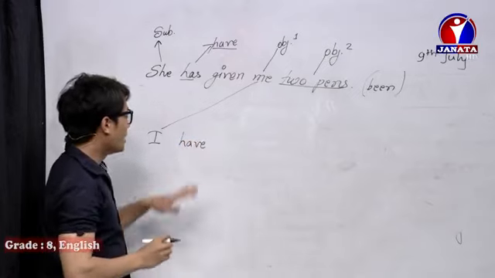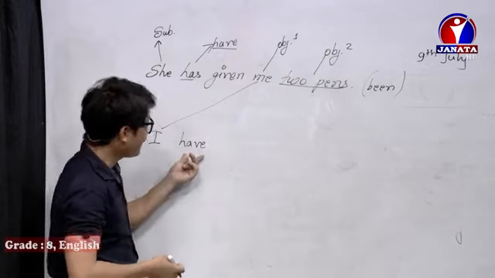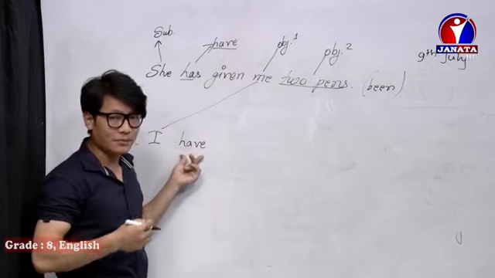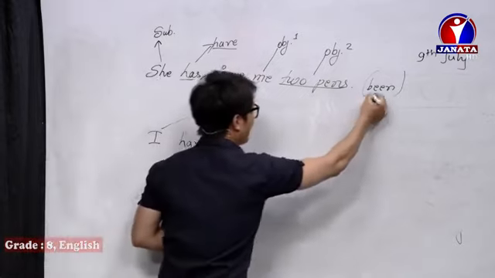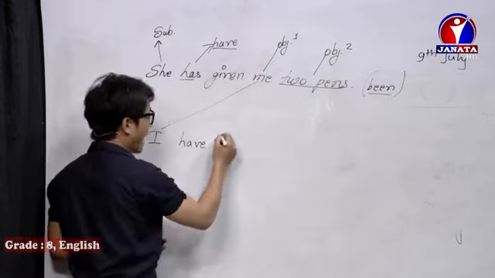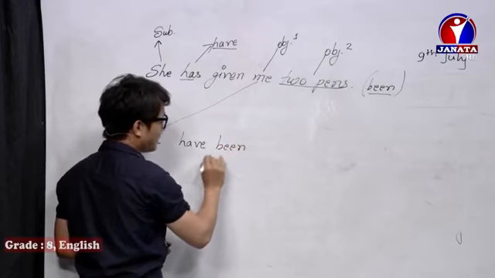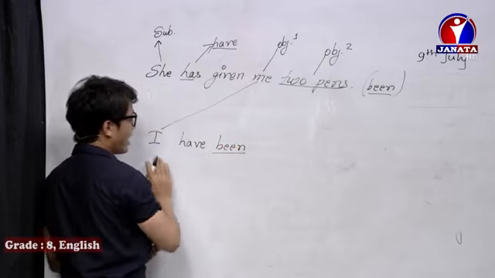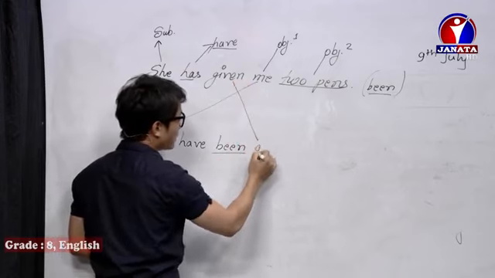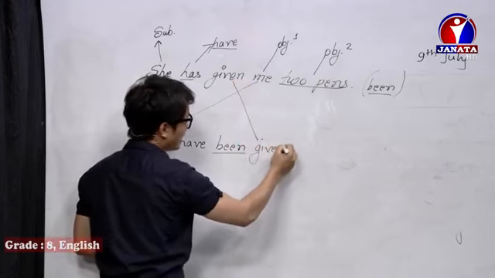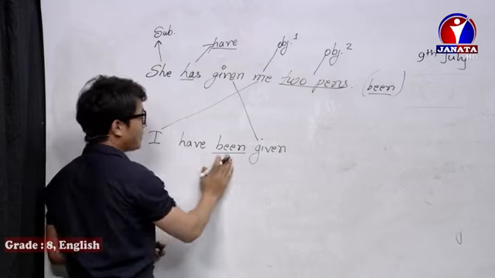After writing the auxiliary verb, it's time to use the be verb. What is the be verb here? Obviously been. So I have been. Let me underline it. What is the verb 3 of give? Given. So I have been given.